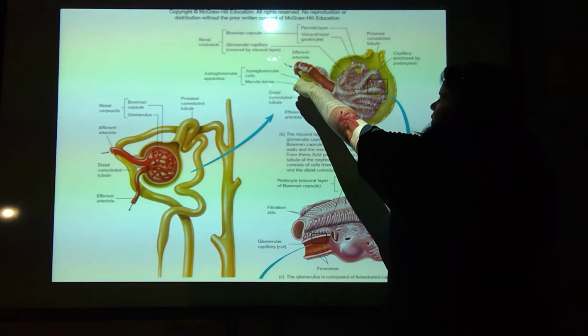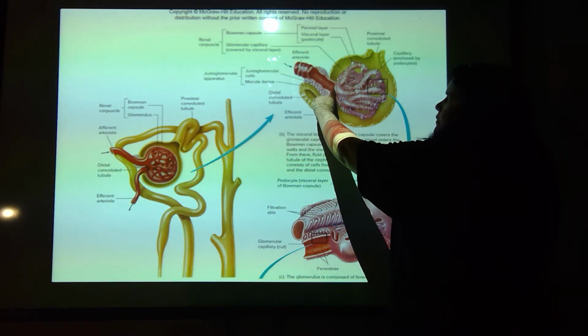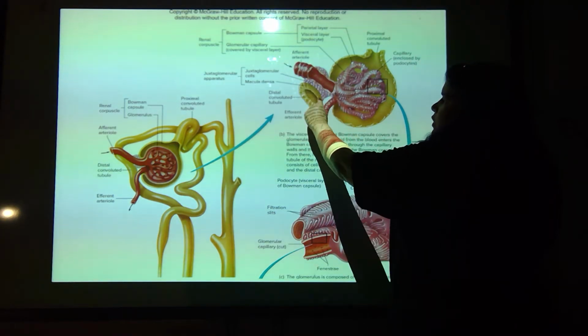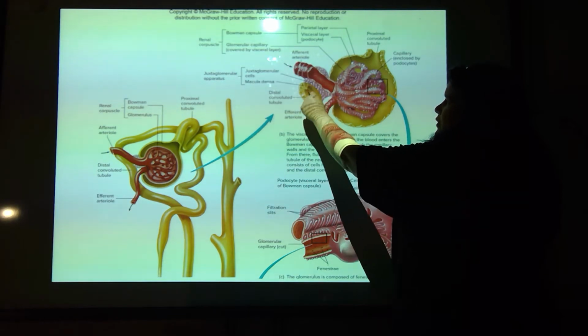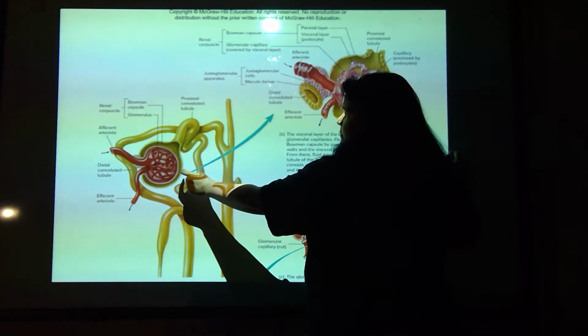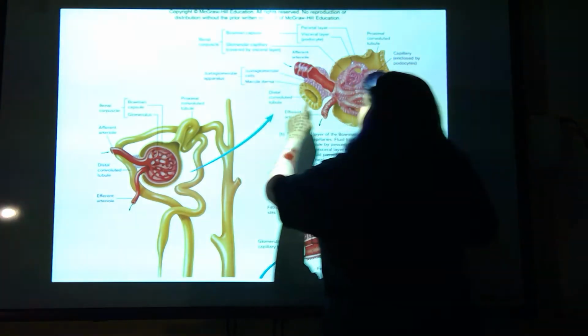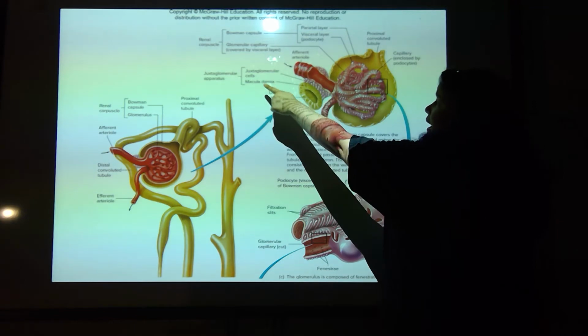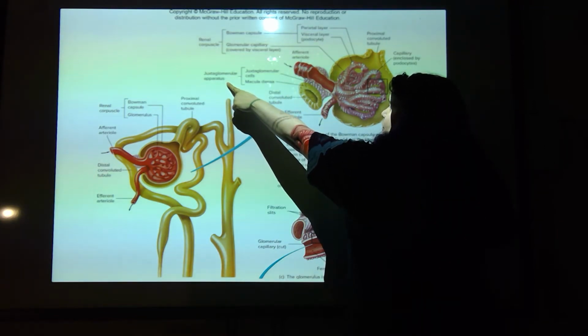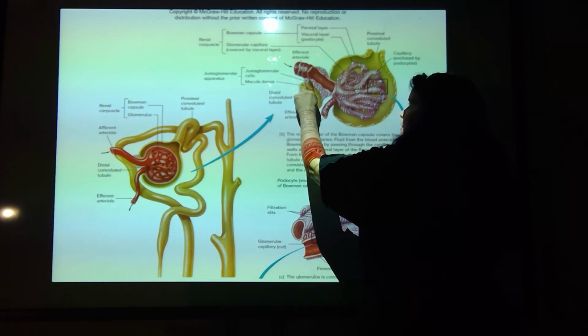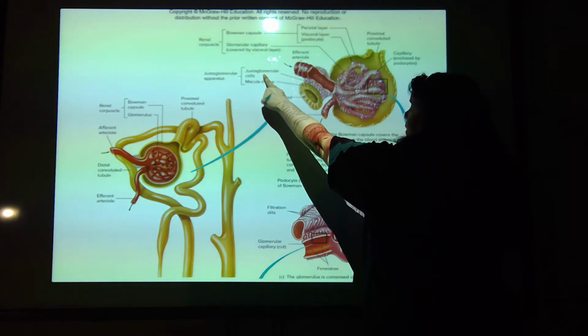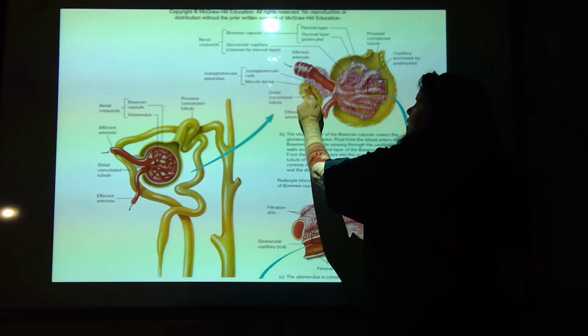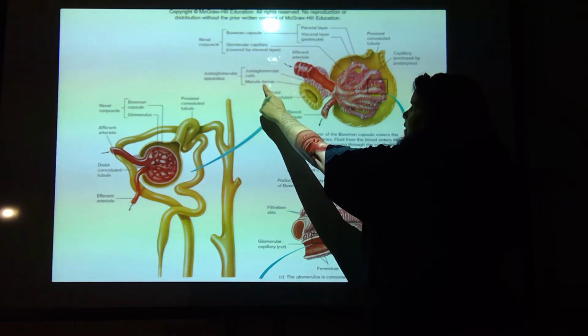So I've got this afferent arteriole coming in, and you can also see the distal convoluted tubule is very close to that. See that right there? This little bundle of cells around this afferent arteriole is actually the juxtaglomerular apparatus, made up of these pink cells that are the juxtaglomerular cells, right next to the glomerulus, and the cells that make up the tube in the distal convoluted tubule called the macula densa.